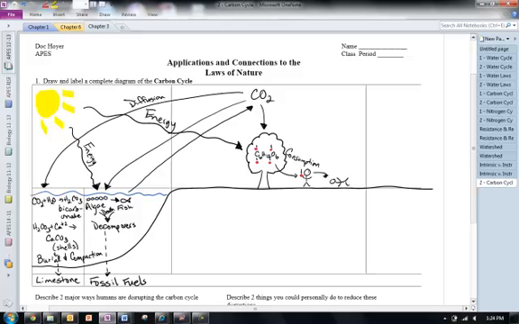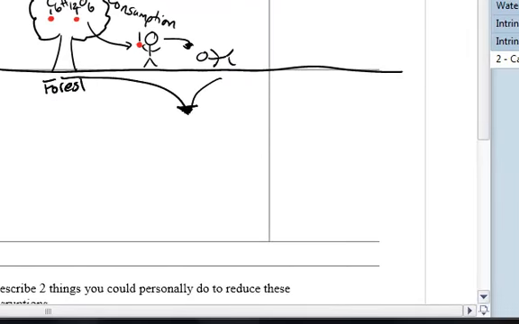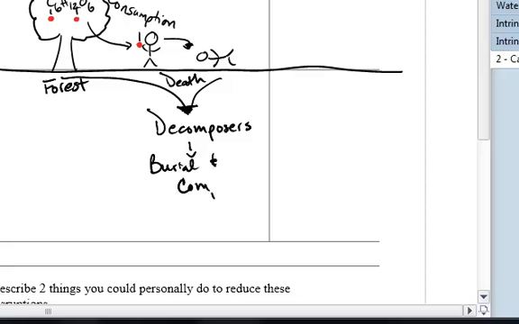And we're going to take into account this forest or tree, however we want to look at it, and other living things. And when they undergo death, they also will be broken down by the decomposers, experience burial and compaction, and under the right conditions of heat and pressure, produce fossil fuels.